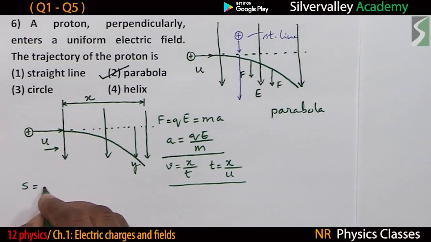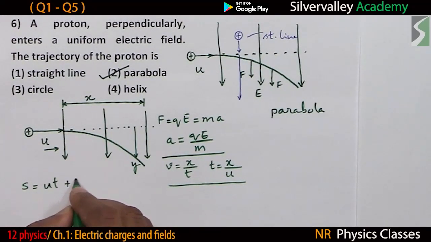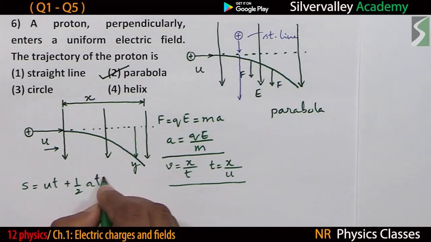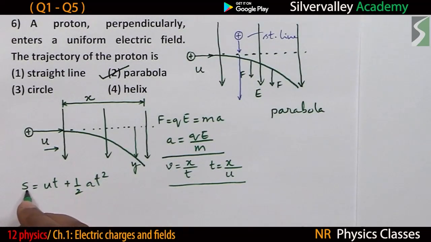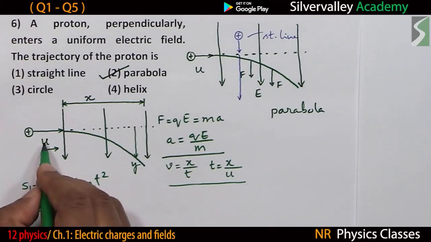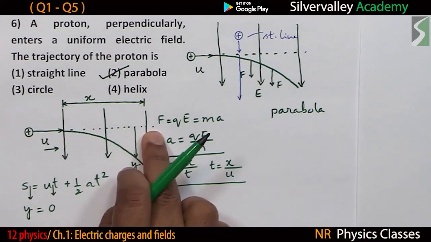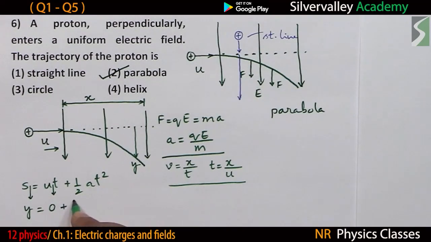Now, s equal to ut plus half at square becomes y, this is displacement in this direction. Initial velocity in this direction is 0 because velocity is along the horizontal, plus half acceleration is QE by m into t square.